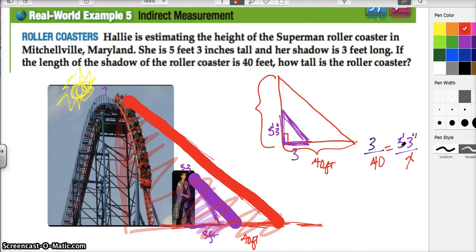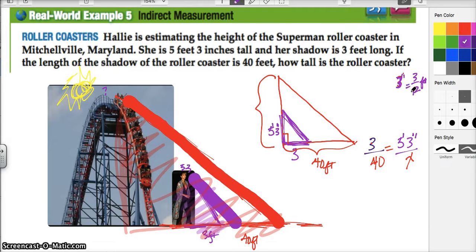Now, these units are not going to work out well, so it will make sense if we change this all to feet. This is feet, this is feet, this is feet, inches. How can I change that? Well, I know that 3 inches is the same as 3 out of 12 feet, right? 3/12 of a foot. Does that make sense? Because a foot is broken down into 12 equal parts, and 3 inches would be 3 of those equal parts. So 3/12 of a foot is the way I translate inches to feet.